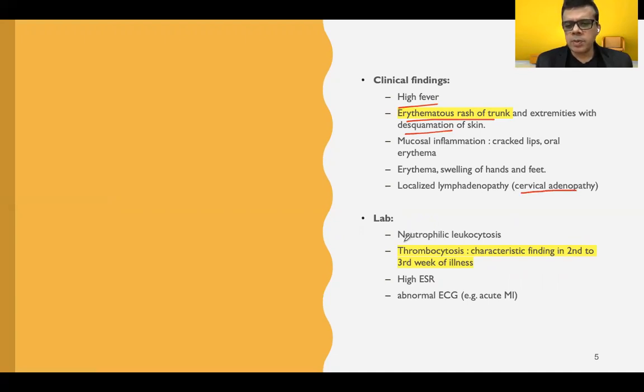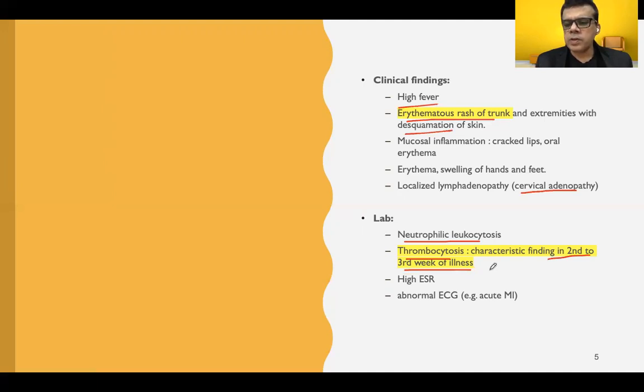Lab findings: there may be neutrophilic leukocytosis due to dense acute inflammatory infiltrate. Thrombocytosis due to dense inflammation and generation of increased thrombopoietin level leads to reactive thrombocytosis. So this characteristic finding is observed usually in the second to third week of illness.